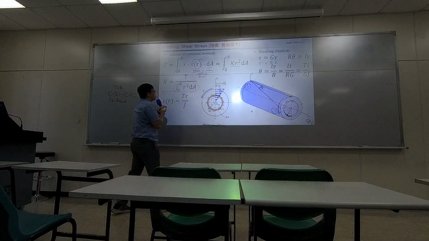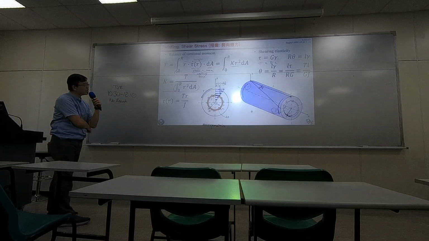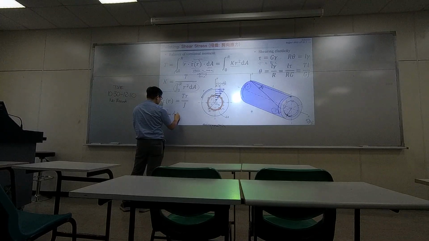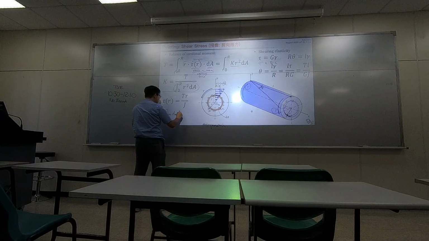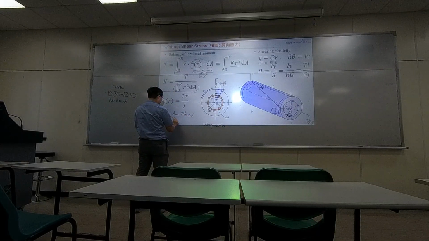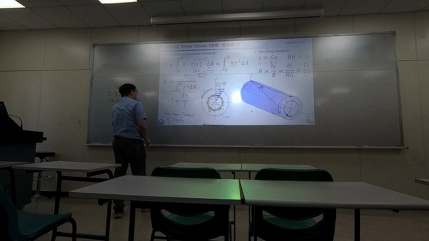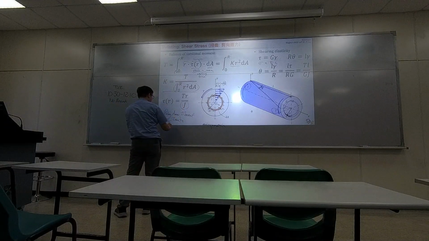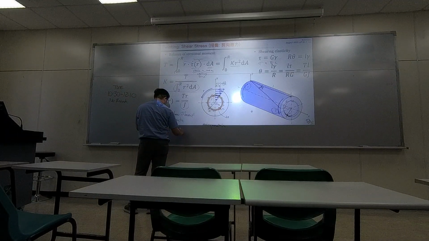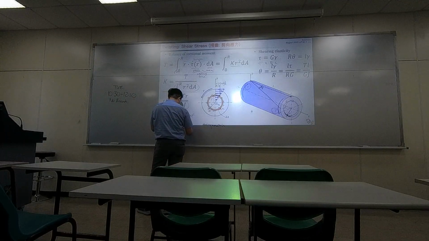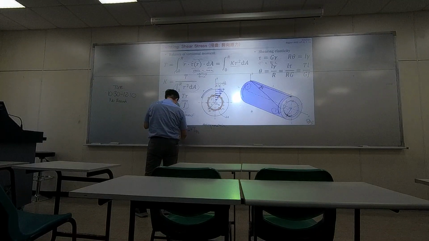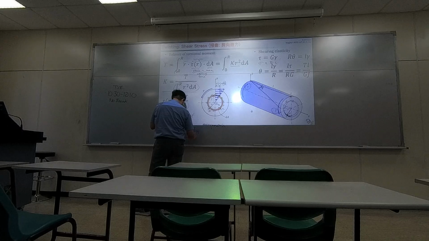And at the bottom, this one is the polar area moment of inertia. Usually there's a symbol called J, or sometimes they will use Izz, that equals Ixx plus Iyy. Or sometimes they just use Iz, so equals Ix plus Iy.